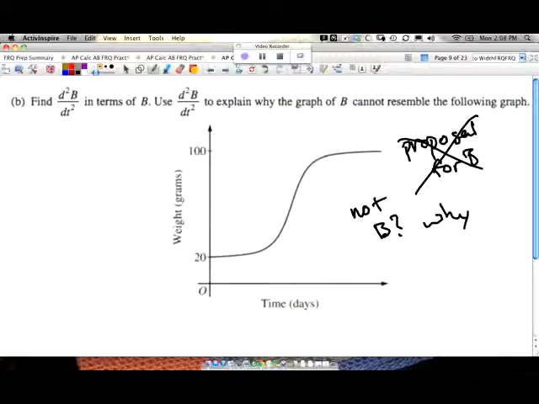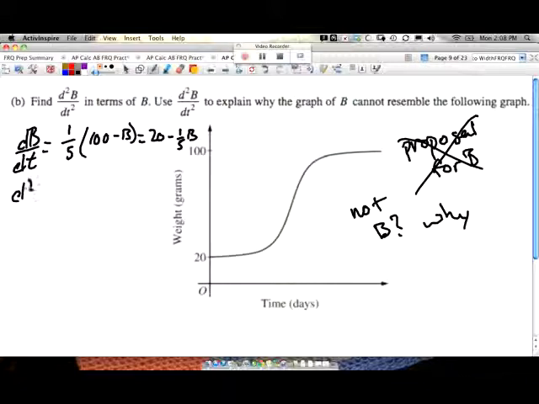Well, we've got to figure out the derivative. So if db/dt equals 1/5 times (100 minus b), let's simplify that. That's going to be 20 minus 1/5 b.